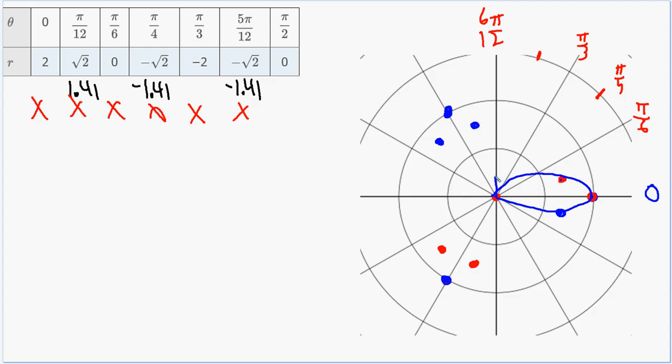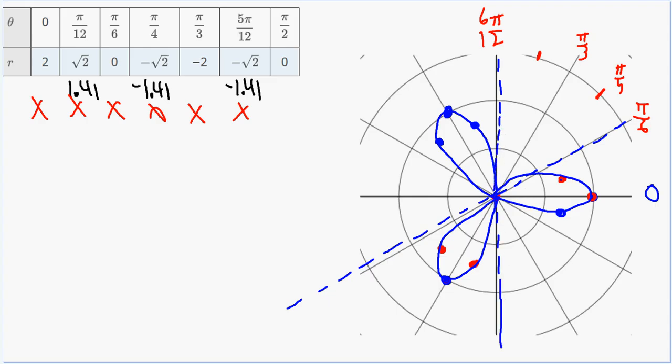So here looks like a second petal on our flower, and then finally here is our third petal on the flower. Notice here at pi over 6, I have this little loop. At pi over 6, we should have never touched that line. It's kind of like an asymptote. And also pi over 2 would be like an asymptote. So there's our 3-petaled flower.